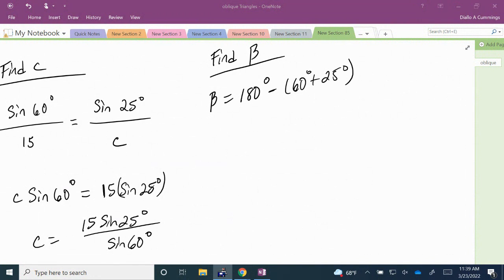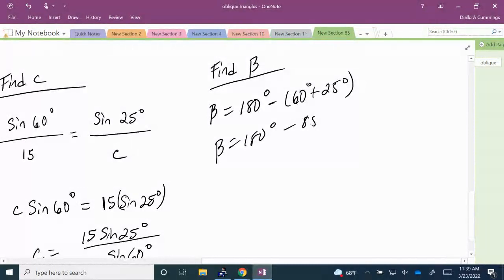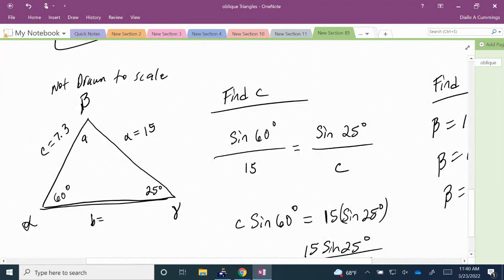So if we add 60 and 25, we get 85. And if we subtract, angle beta should be 95 degrees. All right, so we have beta as 95 degrees.